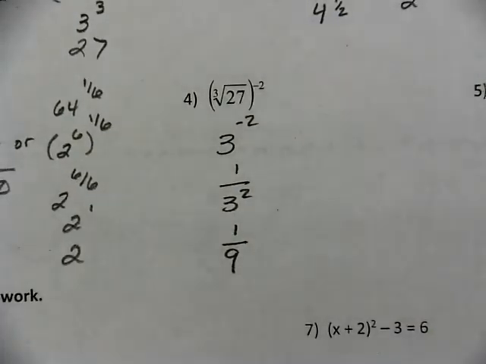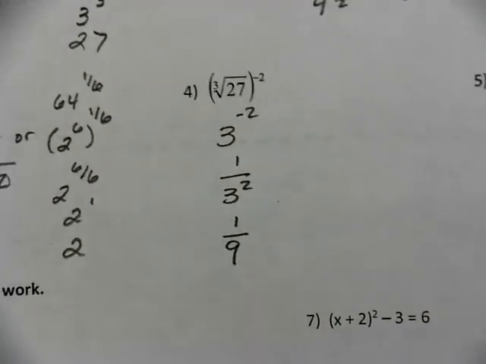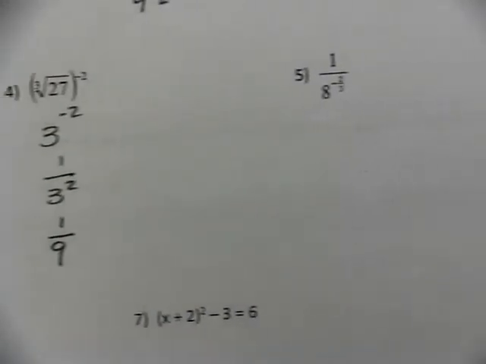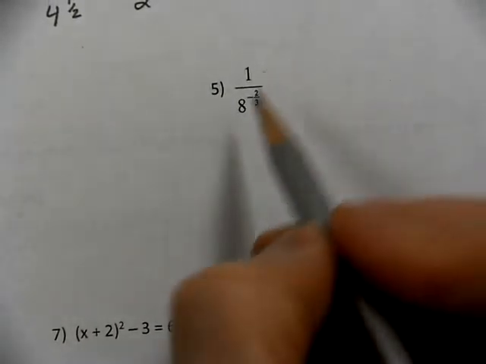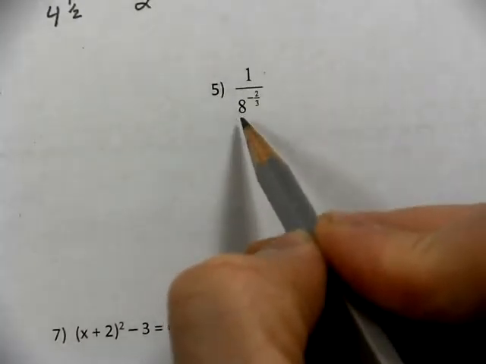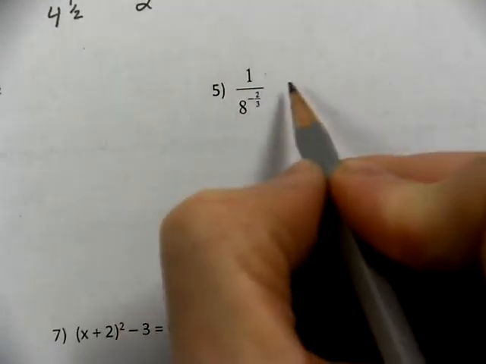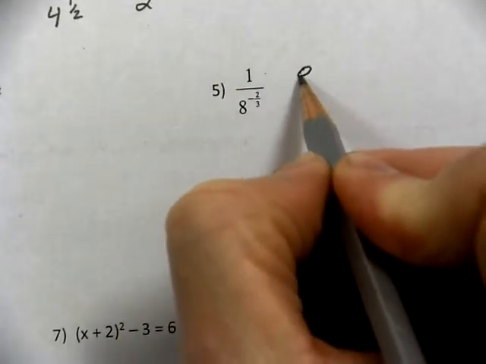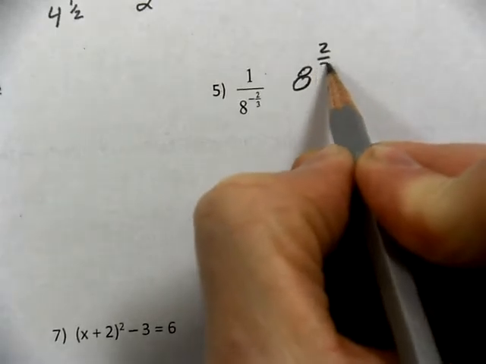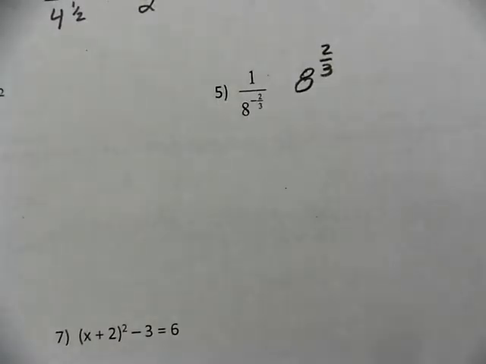And when you square the 3, you get 9. Now, if your negative is already in the denominator, then it's going to move it up to the numerator. There's really no need to put the 1 in the denominator.